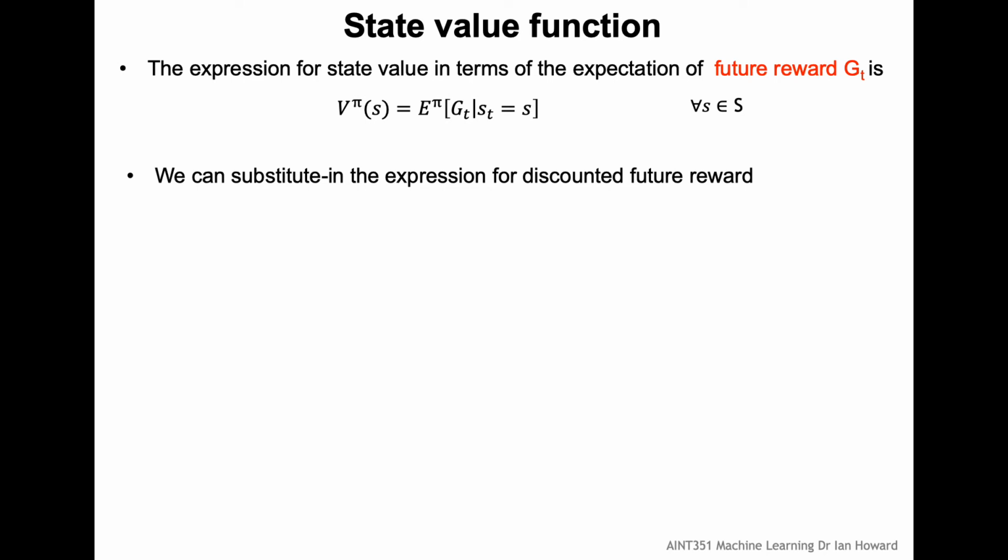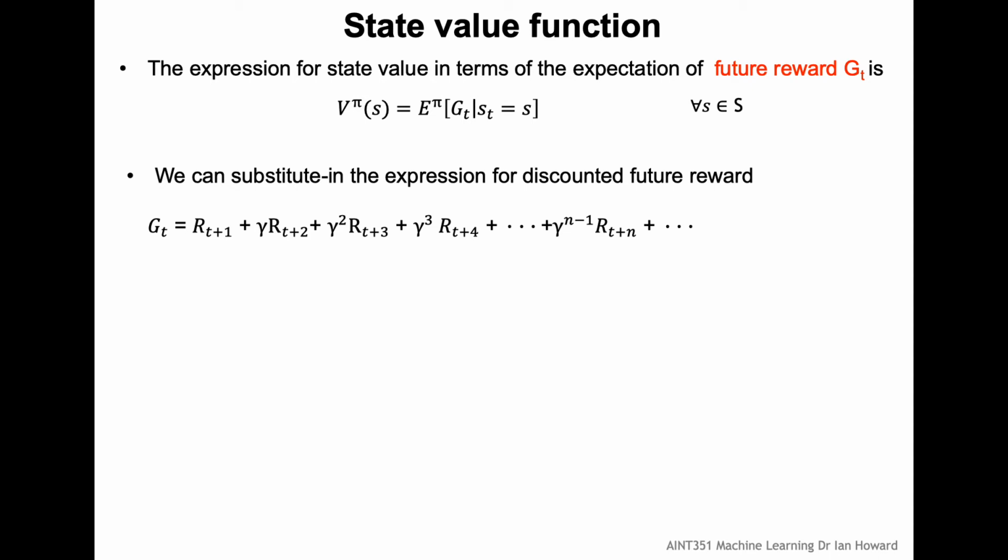So we can put in this expression for future reward in terms of discounted future reward. The idea here is that we multiply successive steps into the future where we get reward by a factor, gamma, which is between 0 and 1, raised to the power of the following step. In this way we can reduce the effect of being further into the future having such a big effect on what we're doing.